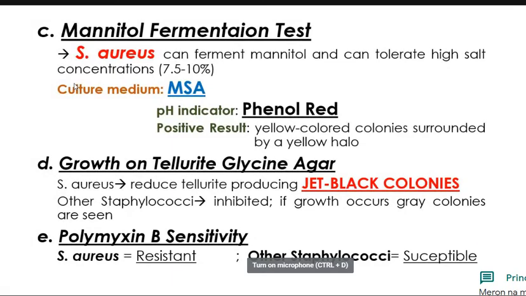Anyway, so yun nga kanina 'di ba sabi natin where did we stop dun sa ating mannitol fermentation talking about the coagulase. Kasi kung we go back to the coagulase test, 'di ba sabi natin is the best single criterion of recognition and pathogenicity of Staphylococcus aureus.